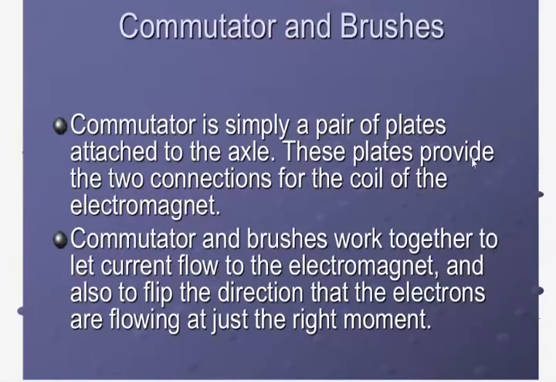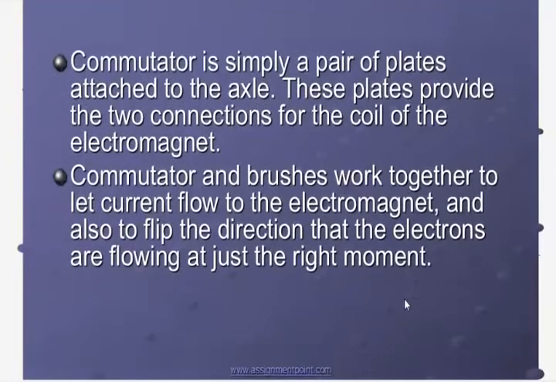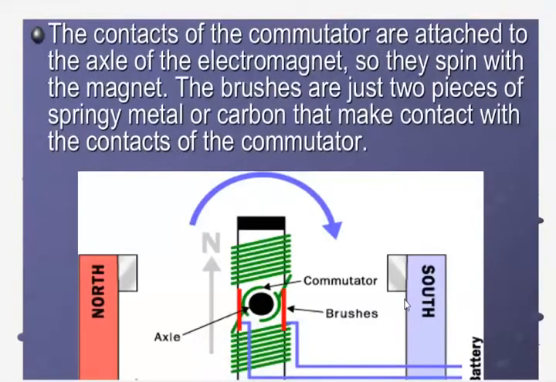These plates provide the two connections for the coil of the electromagnet. The commutator and brushes work together to let current flow into the electromagnet and also to flip the direction that the electrons are flowing at just the right moment. So it changes the direction, so it changes the direction of poles.